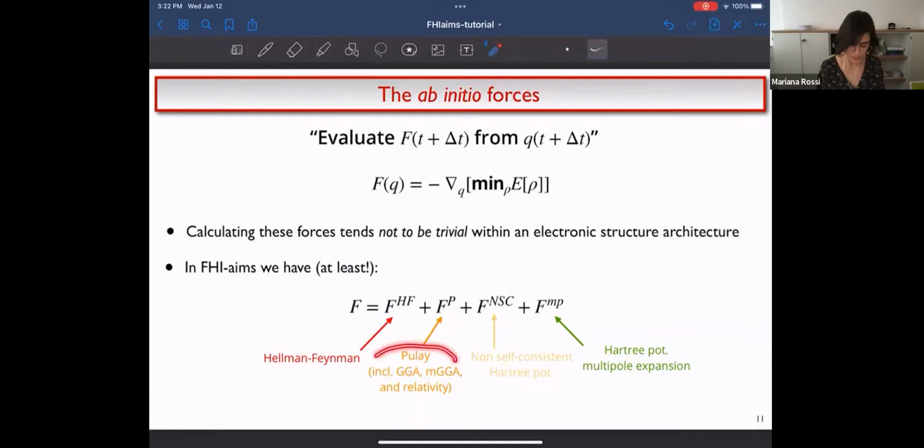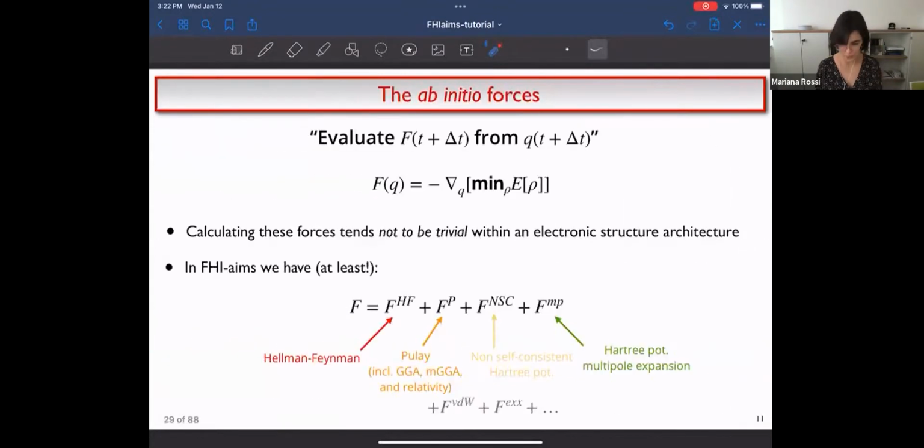So because of the basis sets that are used in FHI-aims, a very important part of the force are the Pulay forces that include also corrections for GGA, meta-GGA, and relativity. There is another piece that is a term related to the lack of full self-consistency of your solution, the self-consistent solution of the electronic problem. There is another term given by the multipole expansion of the Hartree potential.